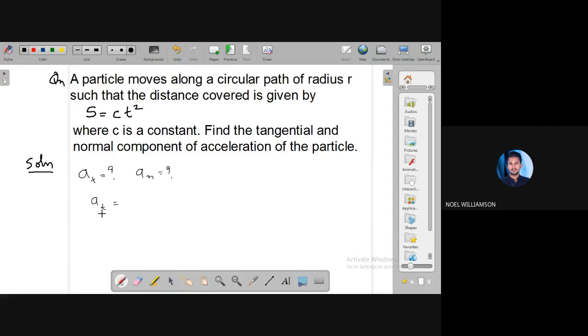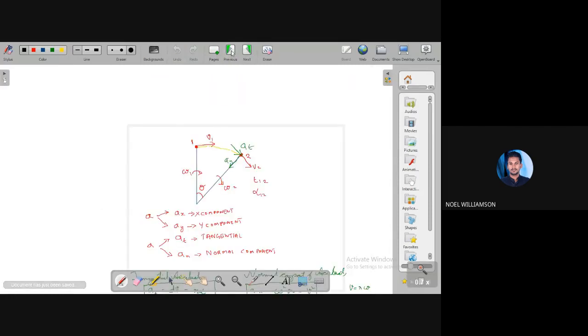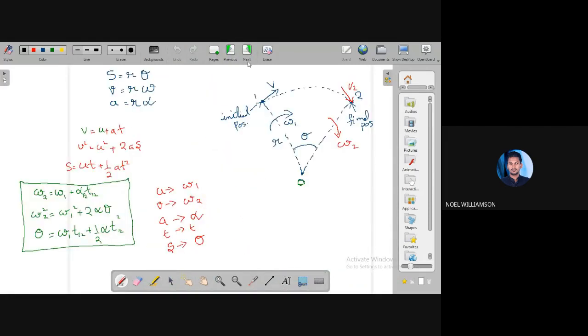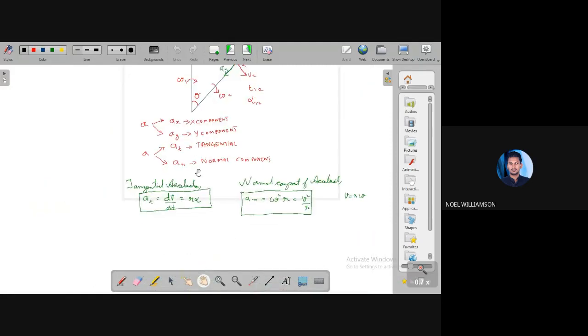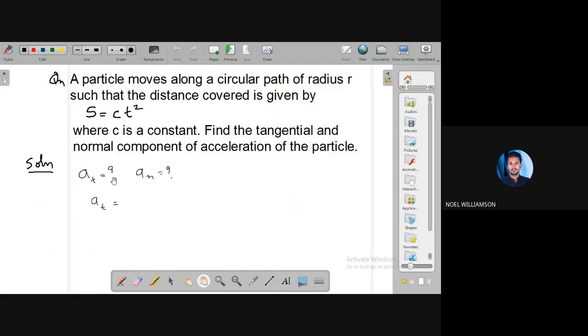We have two relations: dV by dt or R alpha.